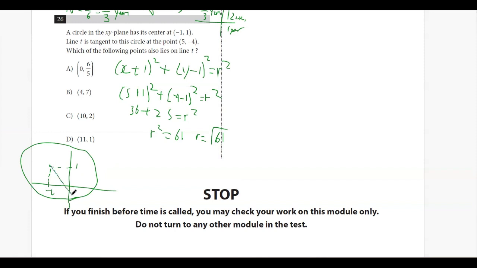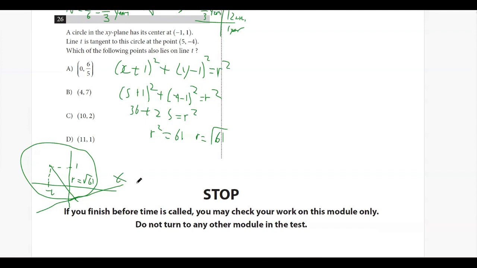We know that the radius is like this. So r is equal to square root of 61. And it's tangent. So the line T is tangent, right? Something like this is a line T.